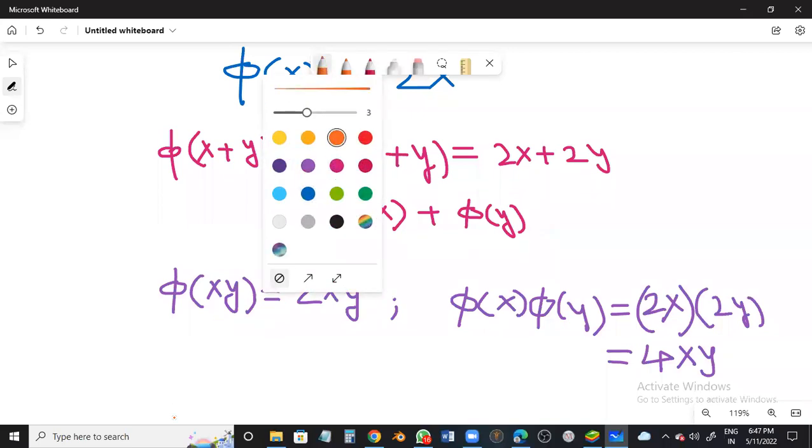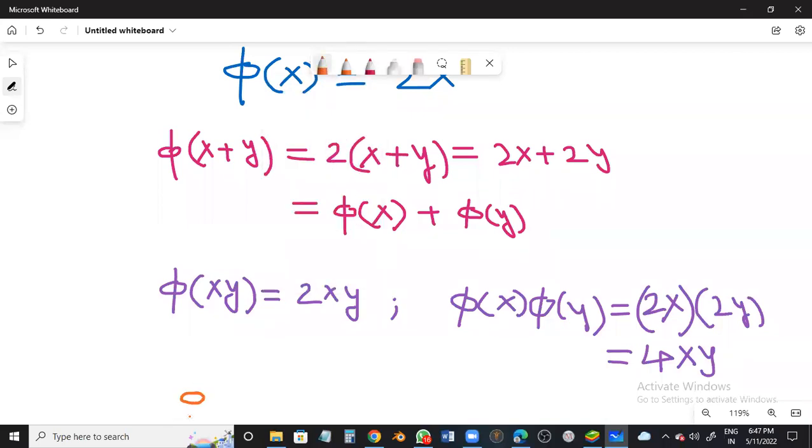So very directly what I can say, phi of xy is not equal to phi of x into phi of y. So in general, this is not true.